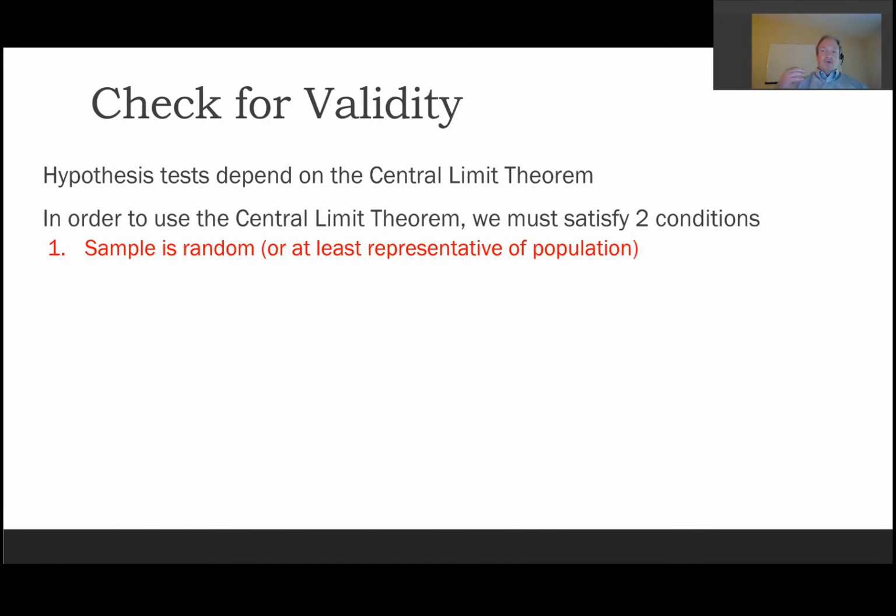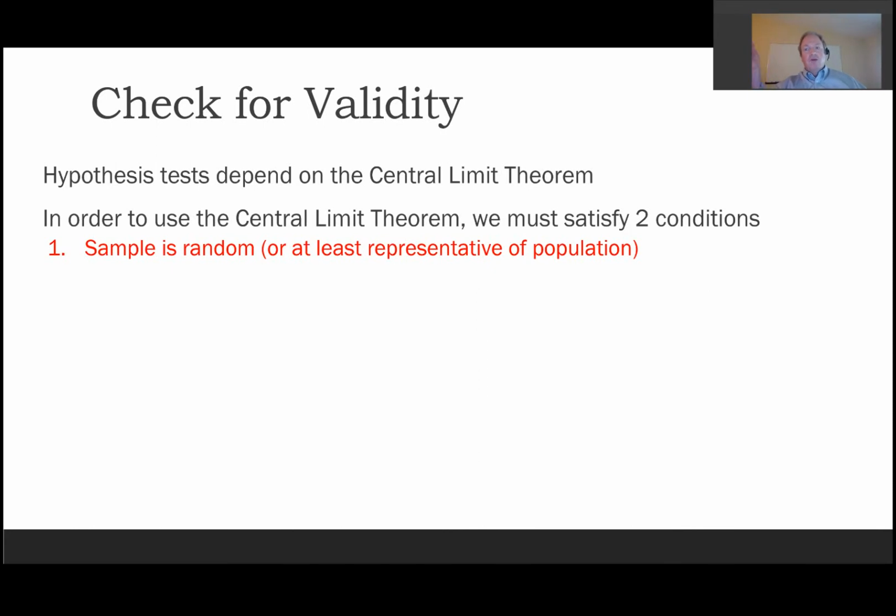Now, it's very rare in a statistical study that you get an actual random sample. So generally, we settle for representative of the population. As long as there's no reason to believe that our sample is not representative of the population, we generally assume it's okay. What would be a sample that's not representative of the population?